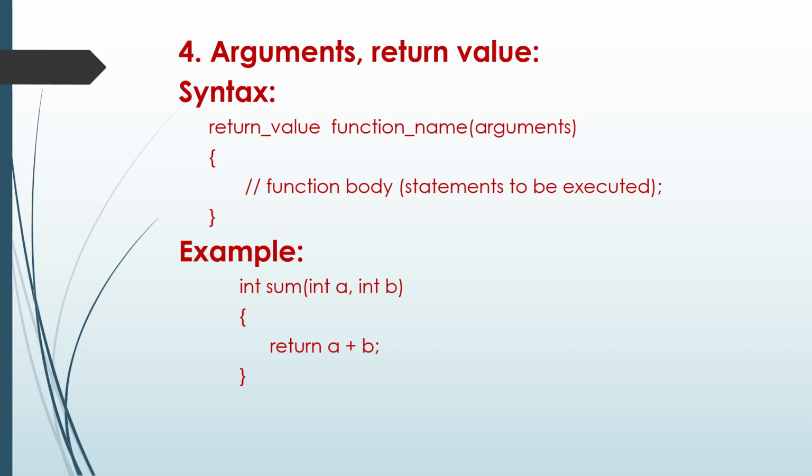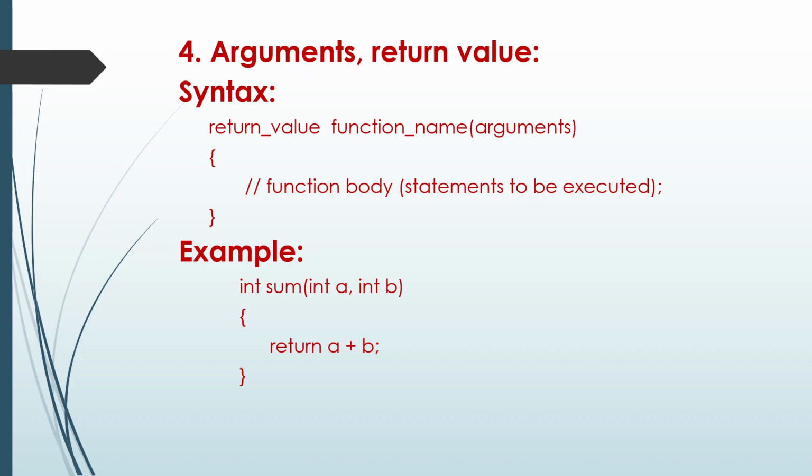Next, last and fourth one is with arguments with return value. The general syntax for with arguments and with return value is as follows. It has a return type, function name and arguments or parameters, and we have the body of the function. The simple example has both return value and parameters.